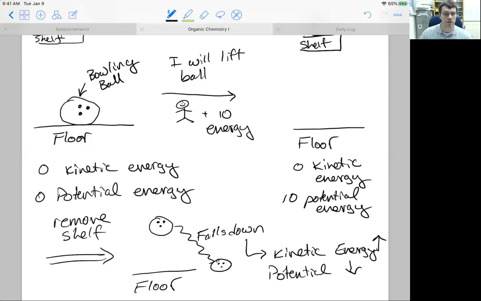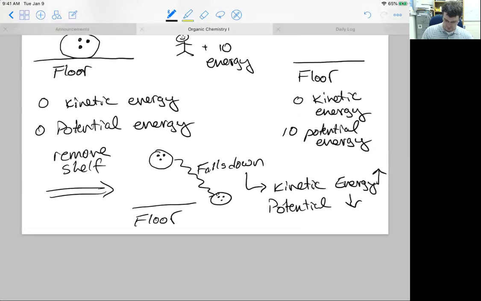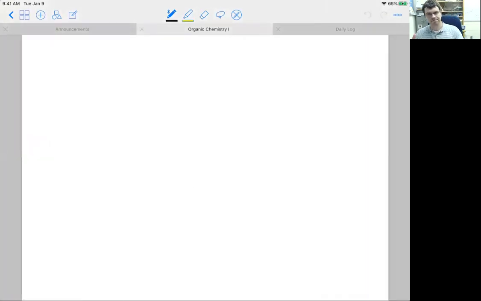Again, don't worry too much about the deep ideas of what the bowling ball is doing, what its energy is at any particular time. Just recognize the opportunity to go from kinetic energy to potential energy. Okay, potential energy, it's stored, and then as it starts to move, it loses that potential energy unless it gets energy from another part of the system.